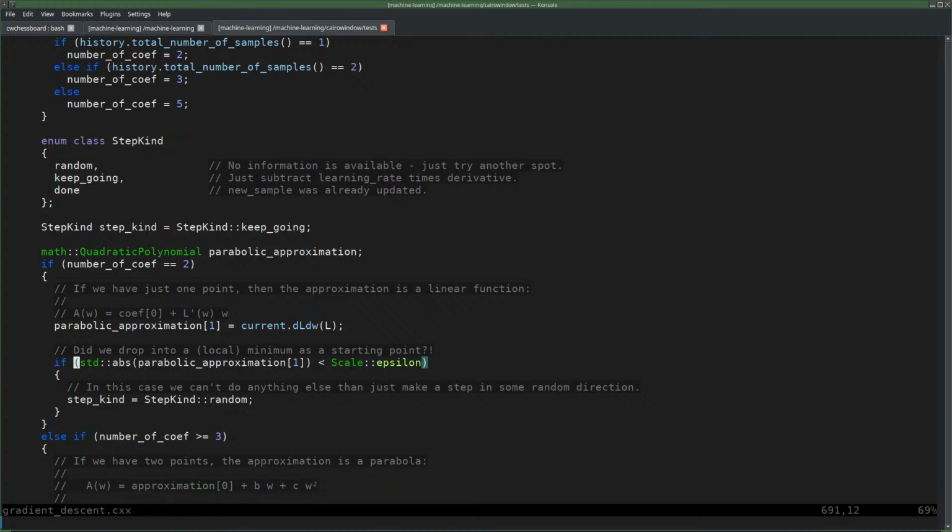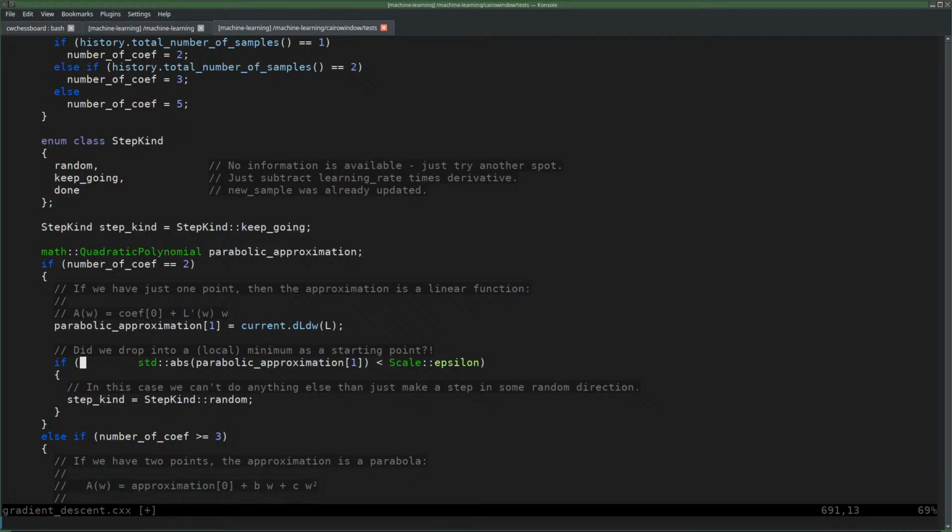Can I maybe make a function to do this all in one? Let's see, what do I want to know?